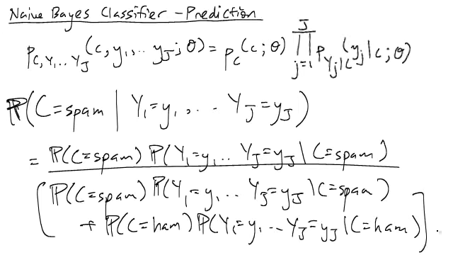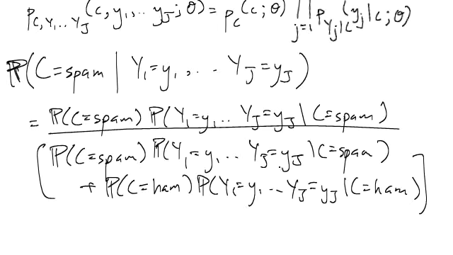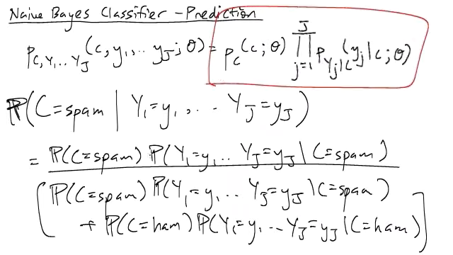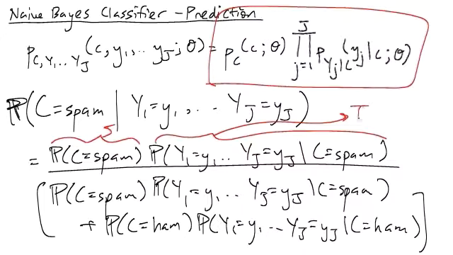And so what is this thing equal to? We just use what we learned in training. The probability that C is equal to spam is just S, and this other factor is going to be a product from j equals 1 to capital J. Since the class is spam, we use qj to the power of yj times 1 minus qj to the power of 1 minus yj.